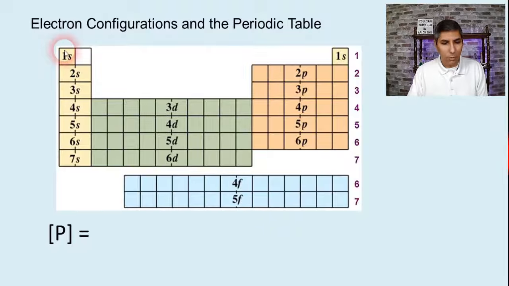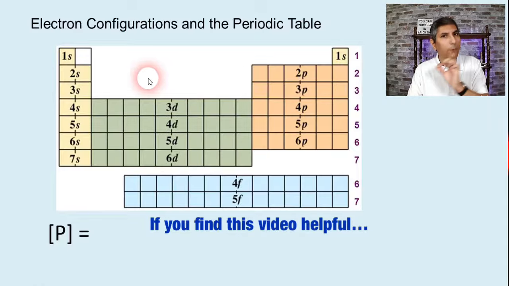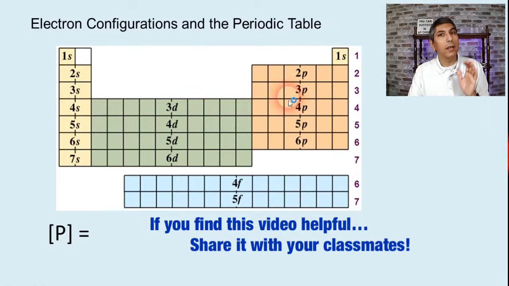And so let's go ahead and try the electron configuration for phosphorus. Now, first of all, we have to realize that phosphorus is located right here on the table in this spot. It is in the 3p section. So we're trying to go through every street until we get to that destination on our bus route here.